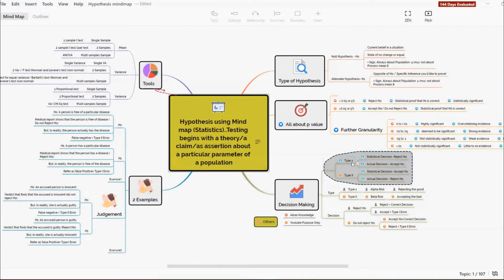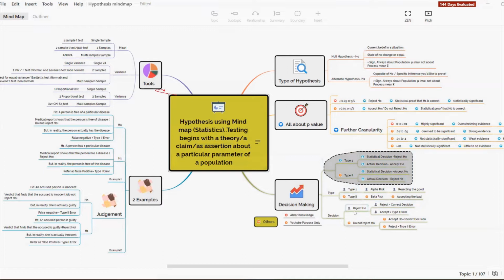That's called type 1 error. And type 2 error is when statistically we need to accept the null hypothesis, for example the value is greater than 5%, but we are rejecting the null hypothesis, that is type 2. In other words, type 1 is also called alpha risk, that means rejecting the good one. And type 2 is beta risk, accepting the bad one, right?